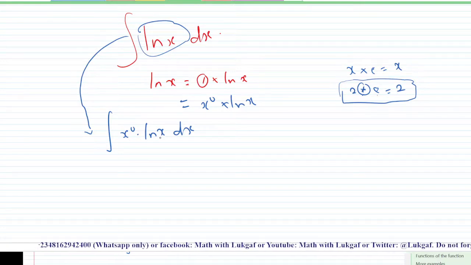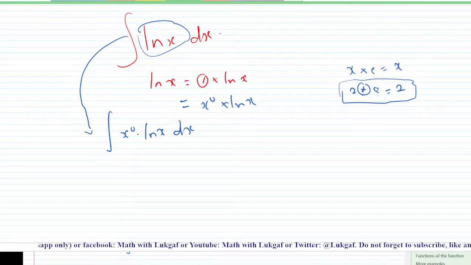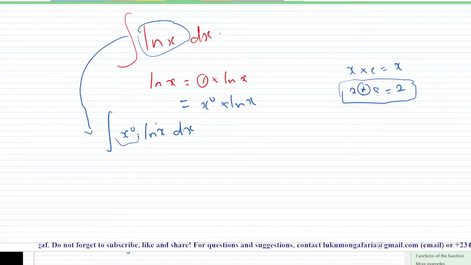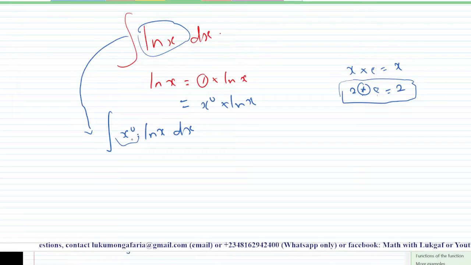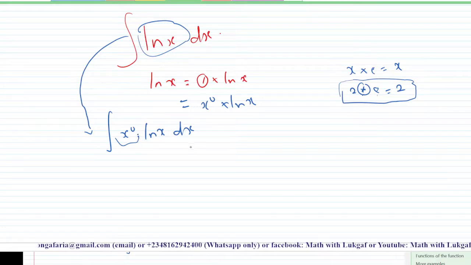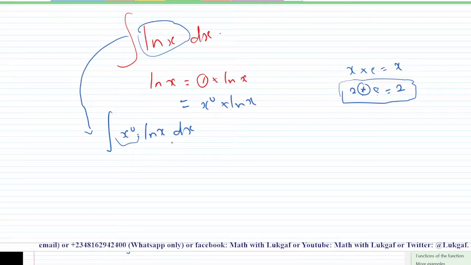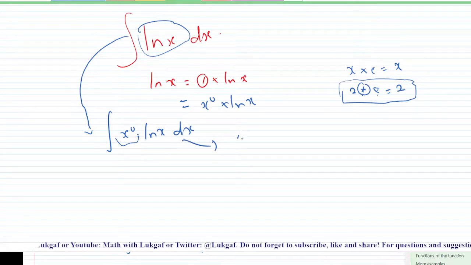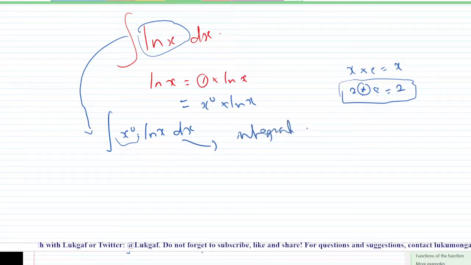And don't forget, I told you if you have an integral of products, the first thing you must do is check whether, if you differentiate the first one, let's say x raised to 0, you get what is immediately after it. What is immediately after it? You can see that the derivative of x raised to 0 will not give me ln x. Likewise, the derivative of ln x is not going to give me x raised to 0. Then what are you going to do? You are going to resort to what we know as integration by parts.